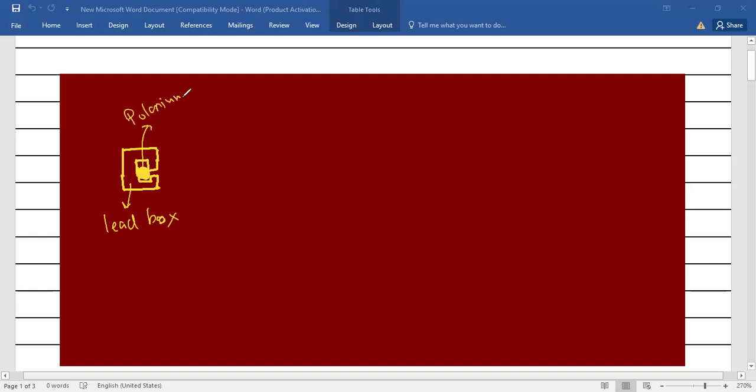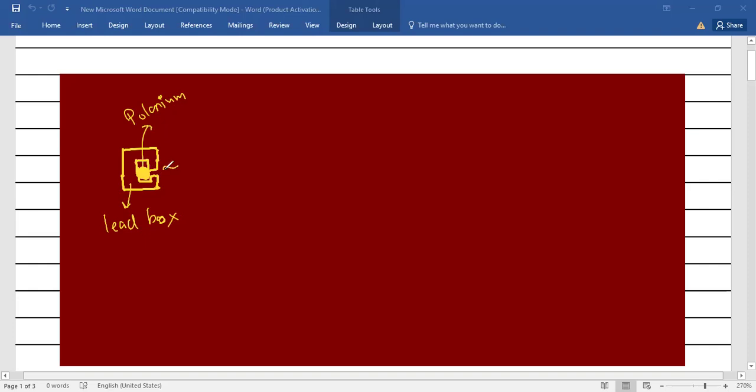Because the lead box will absorb the radioactive radiations and prevent them from going to other places. So it will be a thick lead box, and a very small amount of polonium will be there.